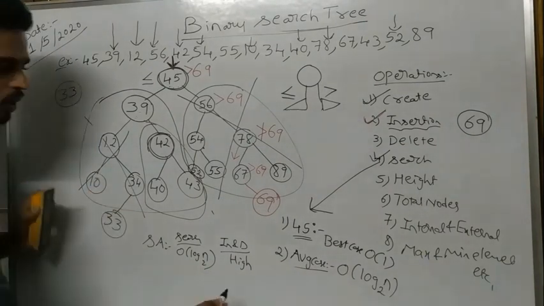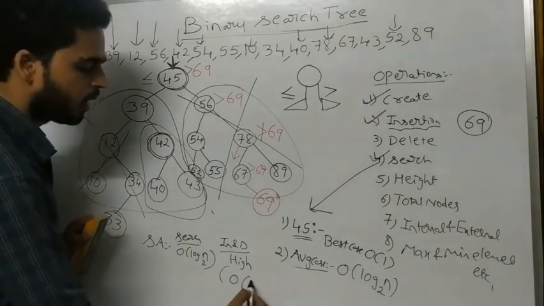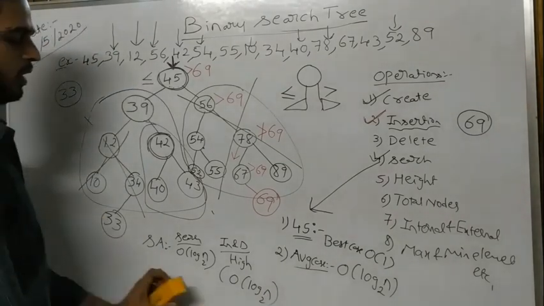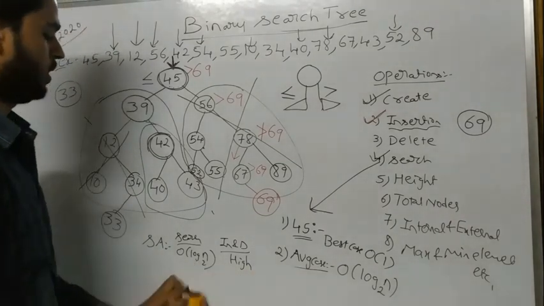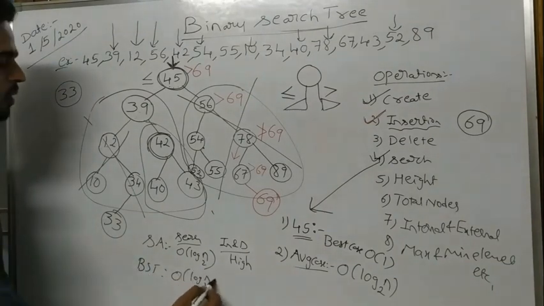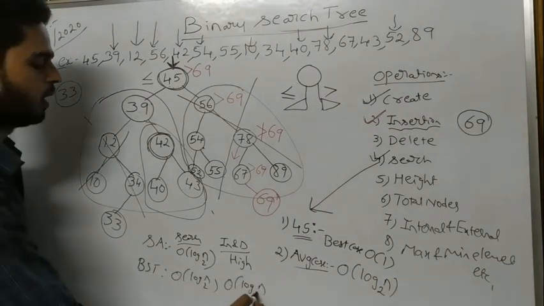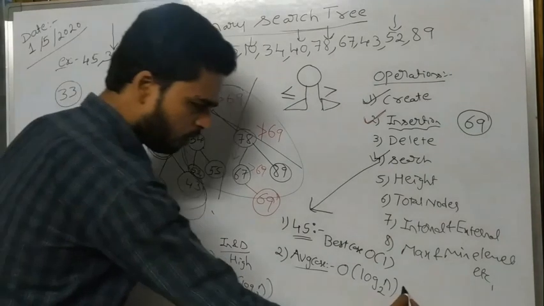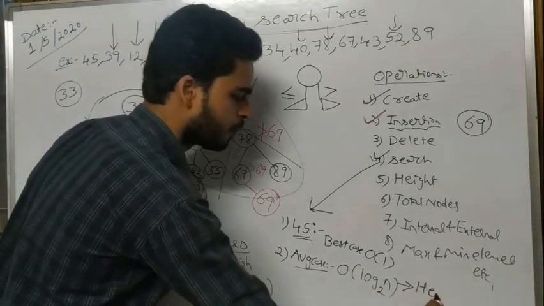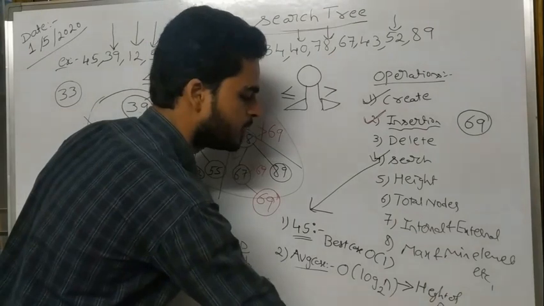So for insertion or deletion, it is going to take a maximum of the height of the tree. So for insertion and deletion in a binary search tree, it is big O of log n base 2. So big O of log n base 2 is nothing but the height of the binary search tree.